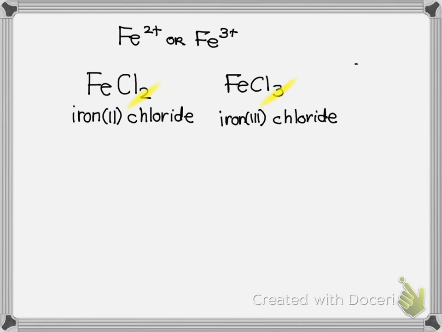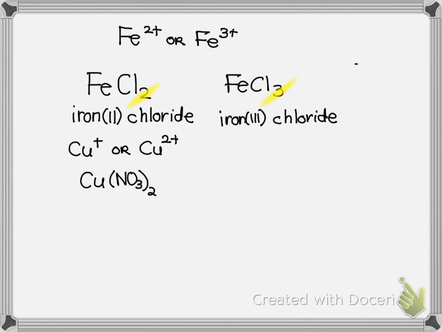So let's do another one. What if I had copper with nitrate? Now, copper is another one that can come in 2 charges, and when you name it, you have to know what charge it is.